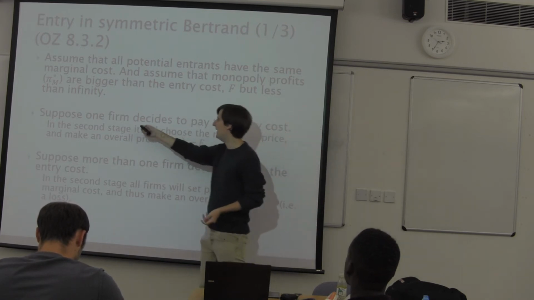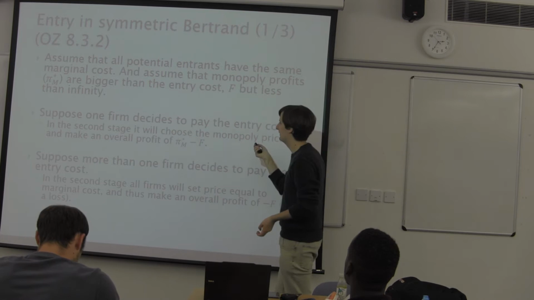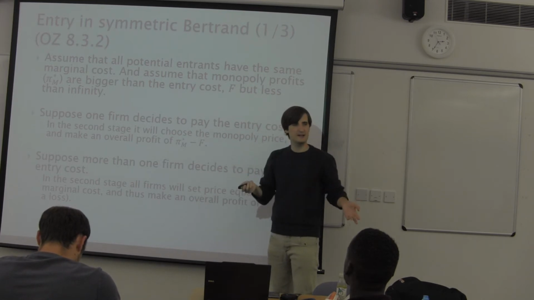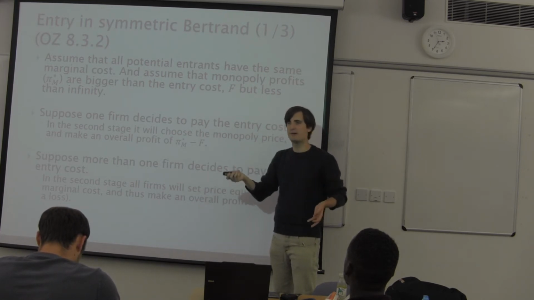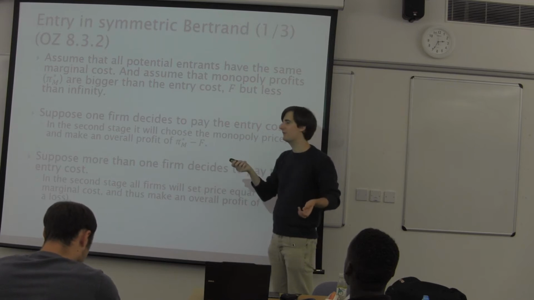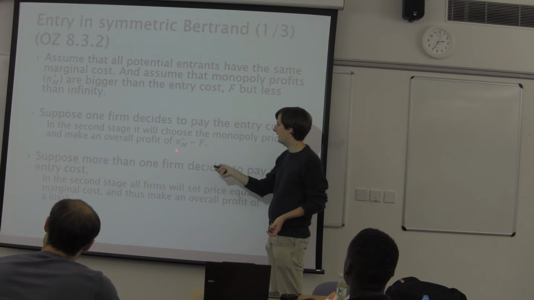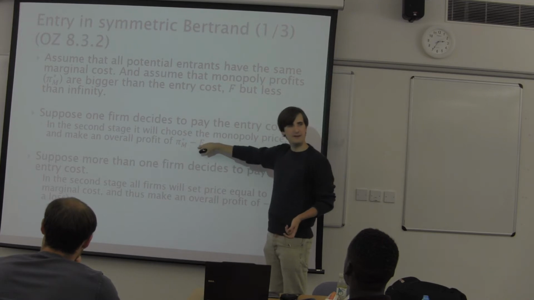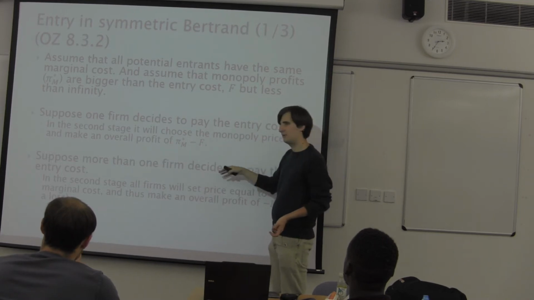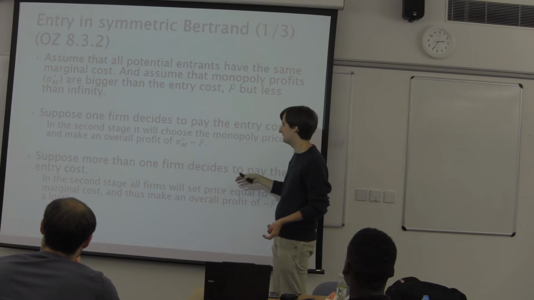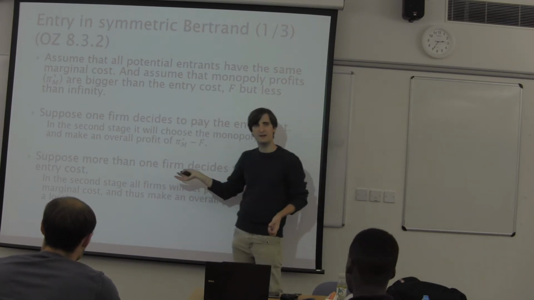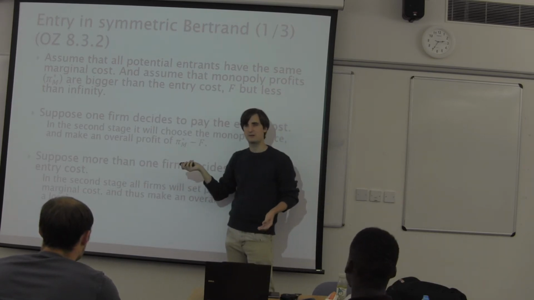If one firm decides to pay the fixed cost, then in the second stage it's just going to choose the monopoly price and make monopoly profits. So if just one firm enters, it's going to make a profit of π^M star minus F. This is monopoly profits. So if one firm enters, it's happy, it makes a profit. If two firms enter, what's going to happen in that second stage of price competition?